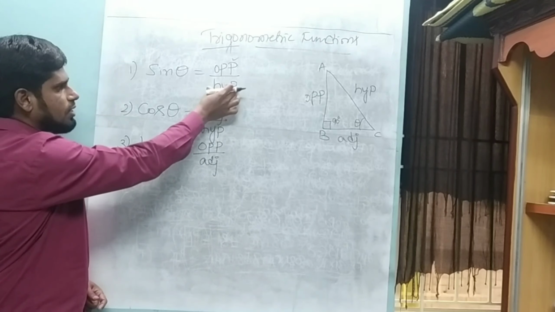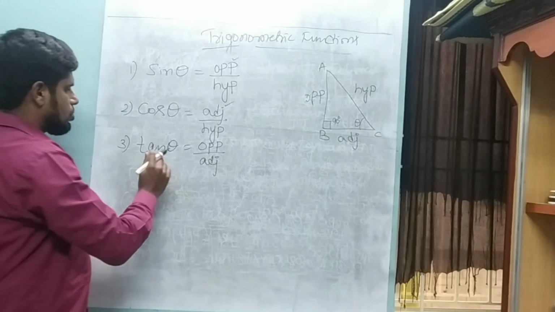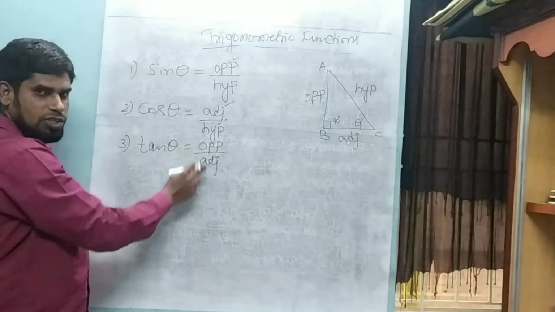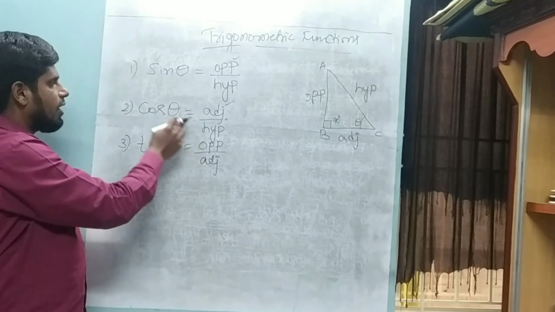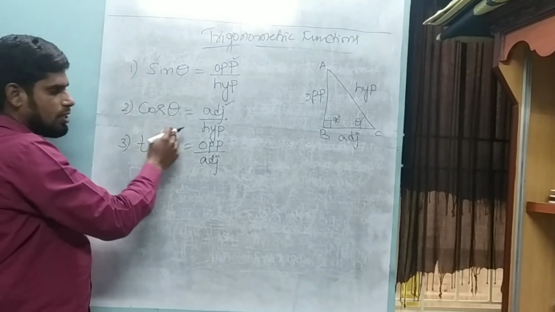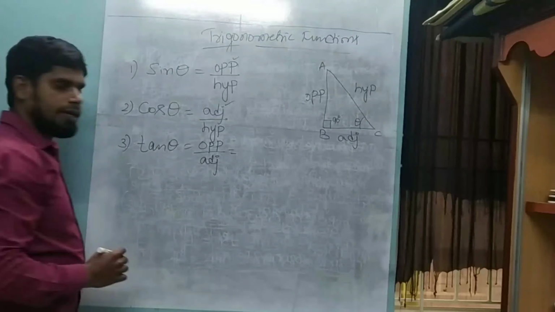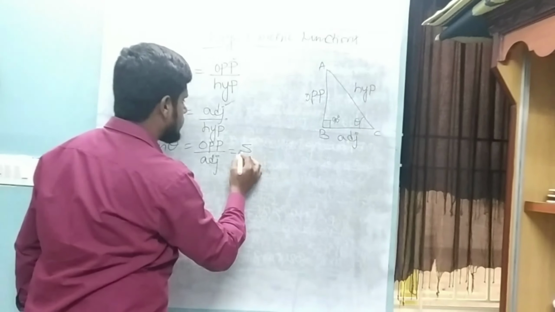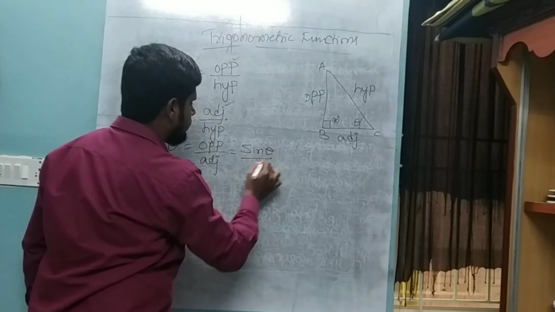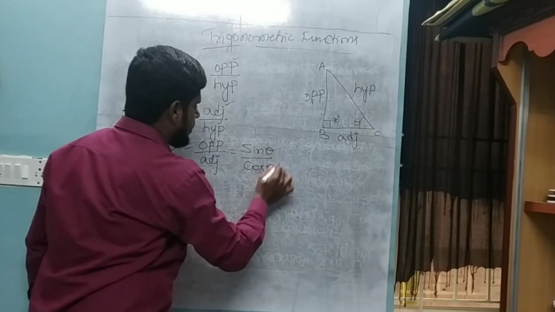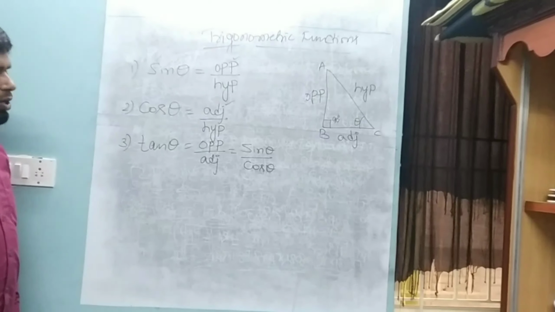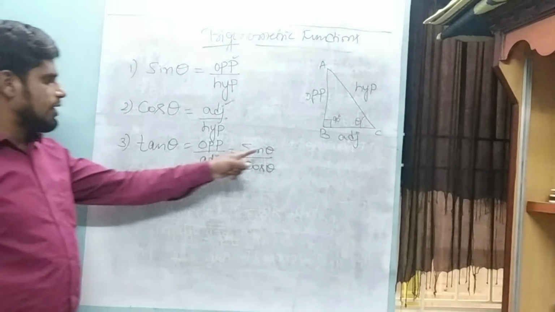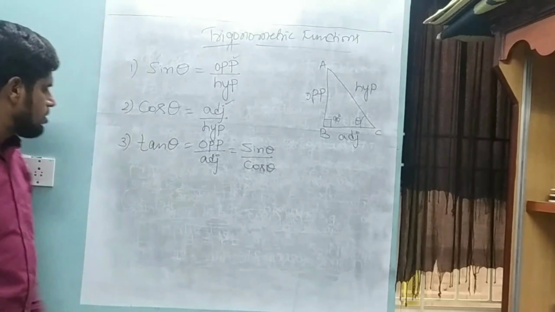So tan theta can also be written as sine theta by cos theta.